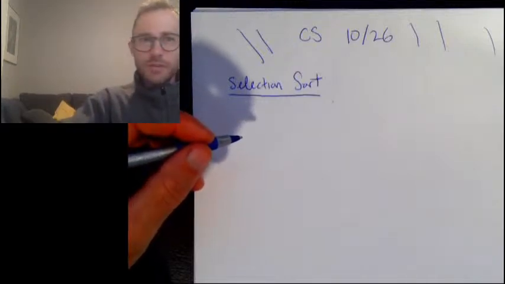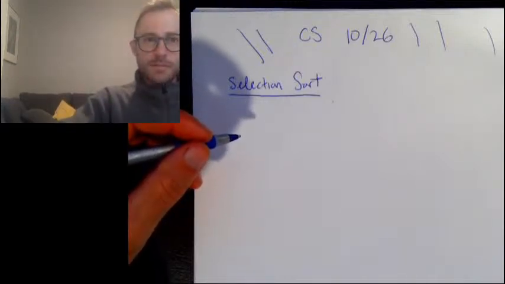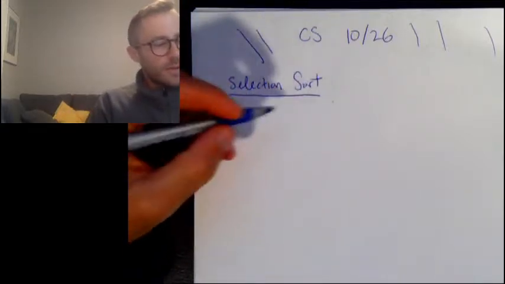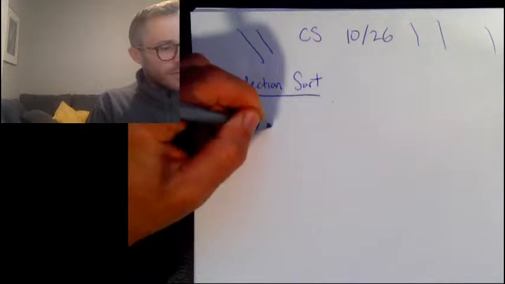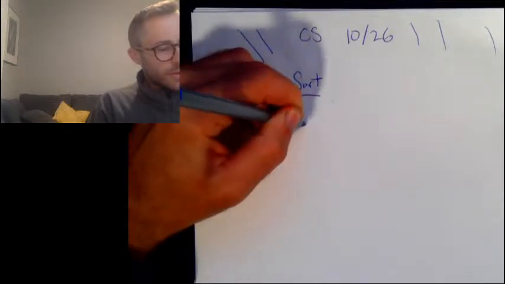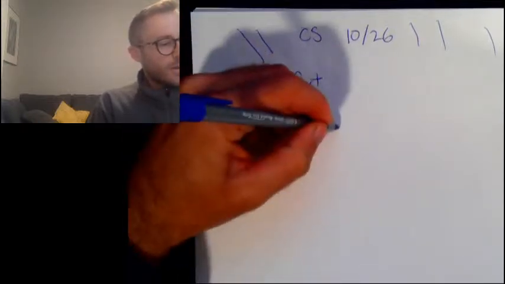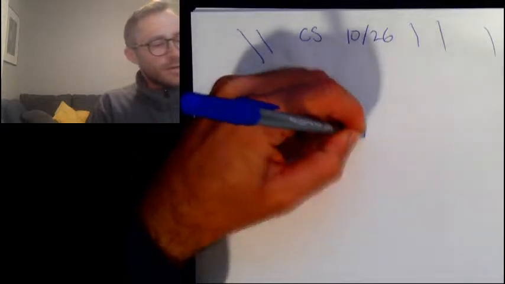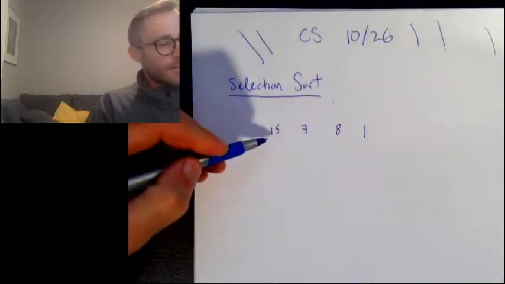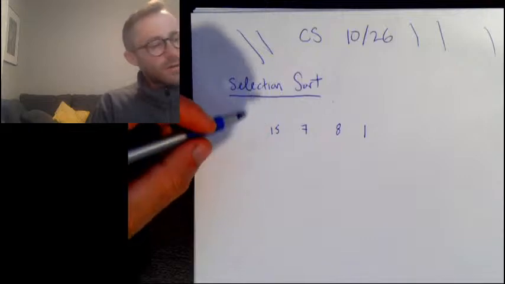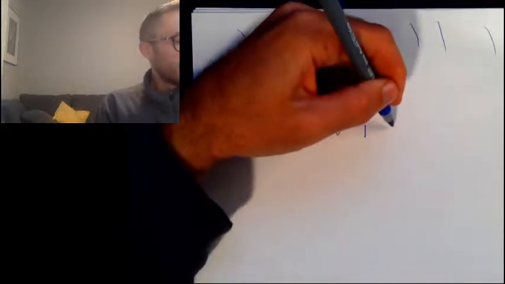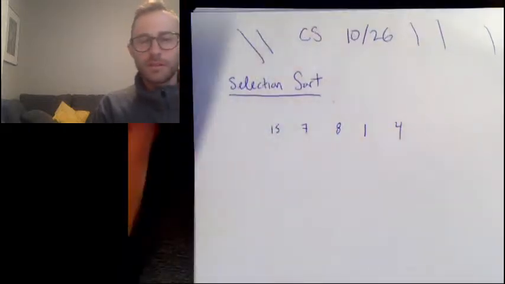So let me come up with a list of maybe 5 ints. So maybe I have 15, 7, 8, 1, okay, and then maybe 4, something like that.